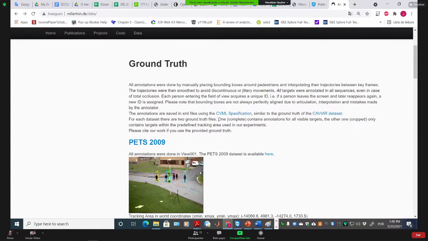No, I think you should use complete, because the annotations refer to the visible targets. But we can discuss that. The other work is cropped only. Targets within the predefined tracking area. Okay.